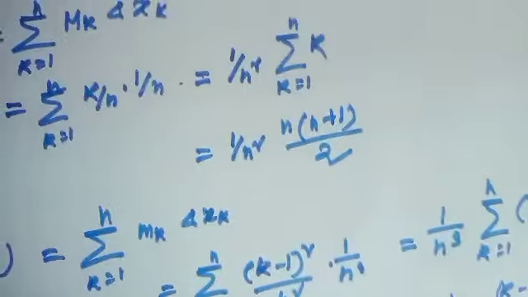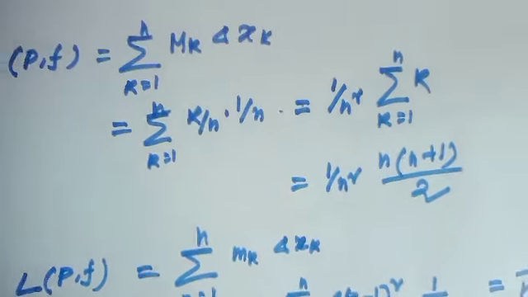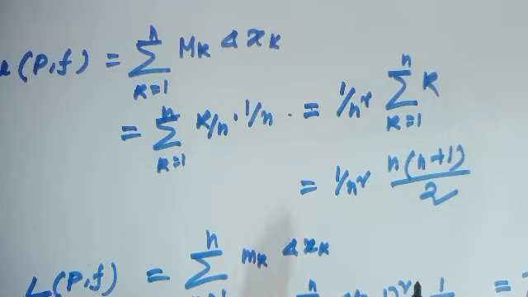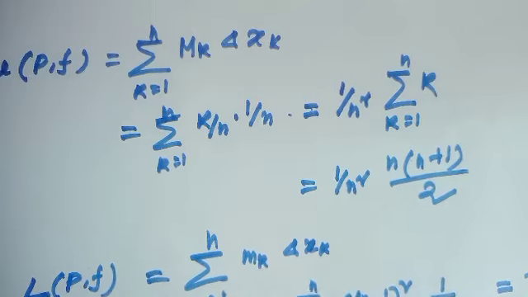Now we have to find the upper Riemann integral and lower Riemann integral. To find the upper Riemann integral, one method which I did a few minutes ago, here we have to use the limit n tends to infinity.